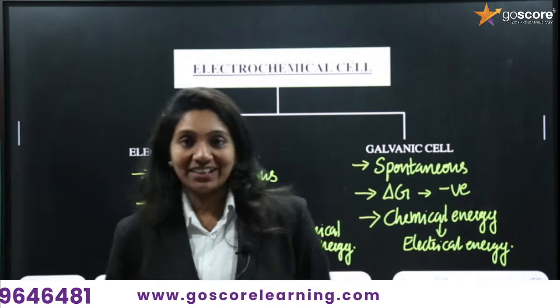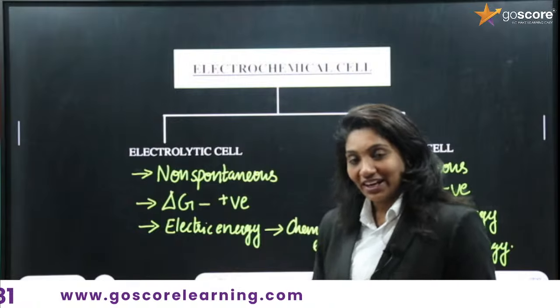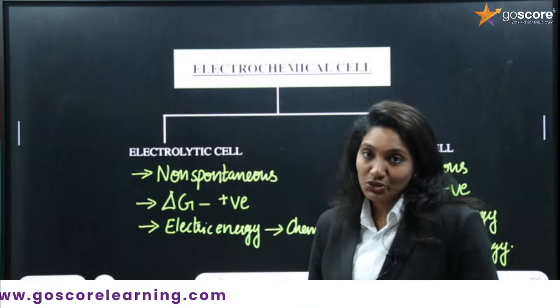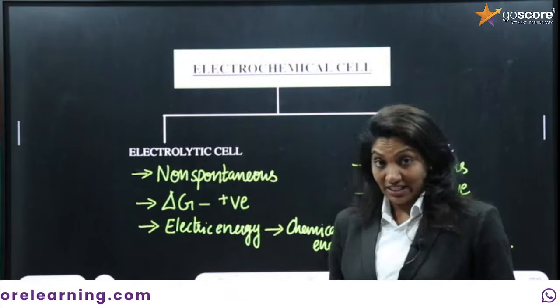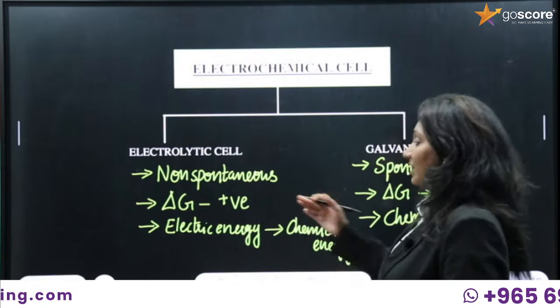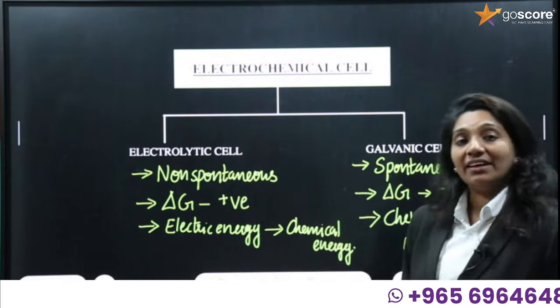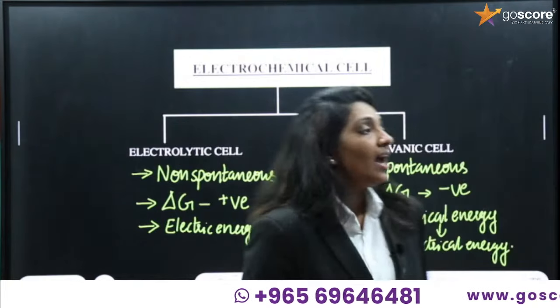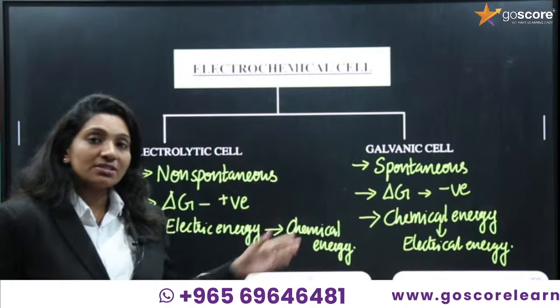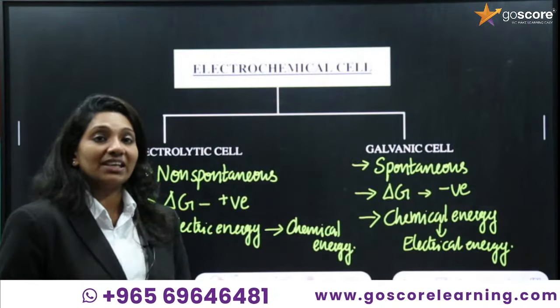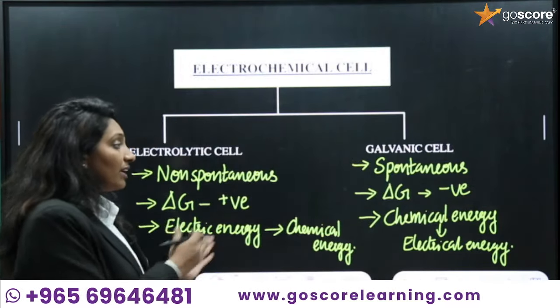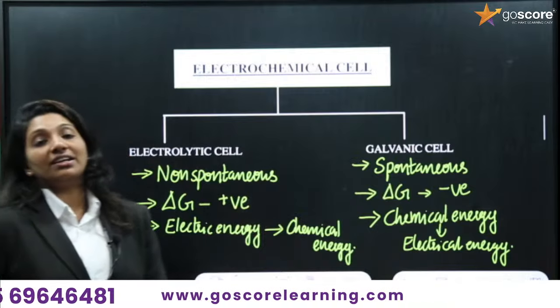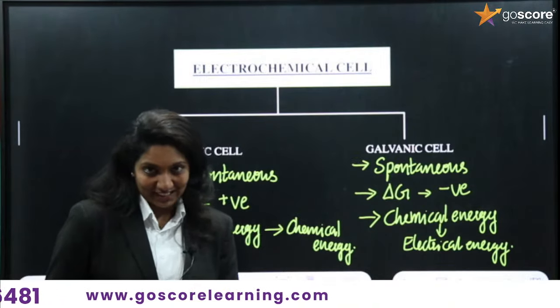For an electrolytic cell, the process is non-spontaneous and the delta G value is positive, sorry, and there the electrical energy to chemical energy conversion occurs. And for the galvanic cell, the process is spontaneous and the delta G is negative, and chemical energy to electrical energy conversion takes place.